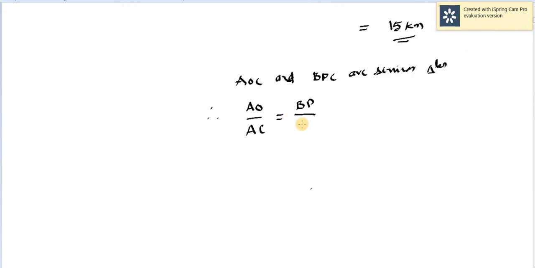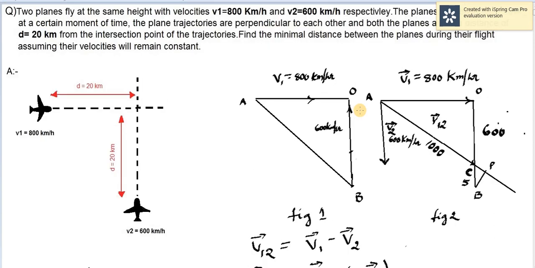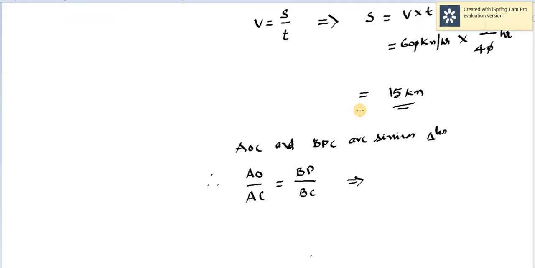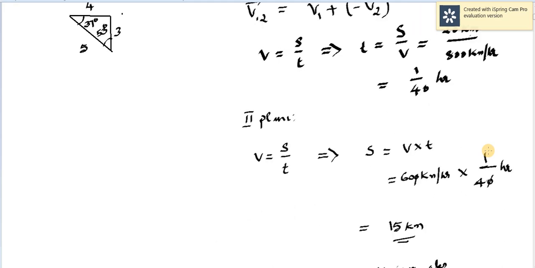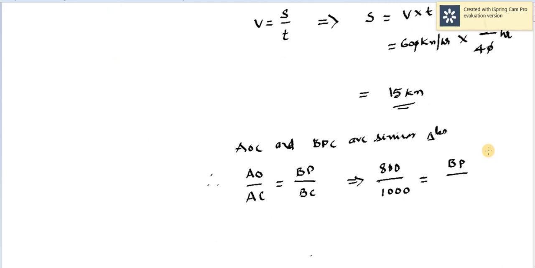We have AO equal to 800, AC is 1000, and BP, which is the perpendicular distance which we are trying to find out, divided by BC. BC is 5 here.